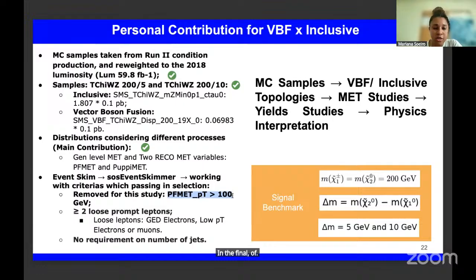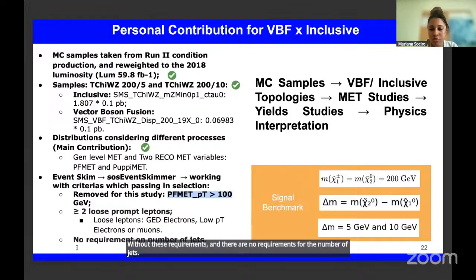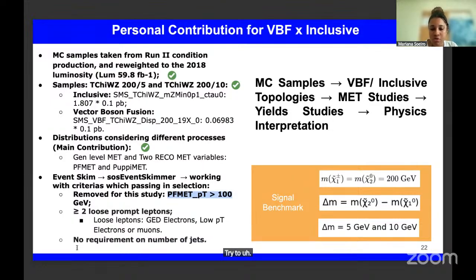I will not present the trigger part for SUSY here, but basically we put the PF MET without these requirements, and there are no requirements for the number of jets. I try to integrate better with the trigger part.